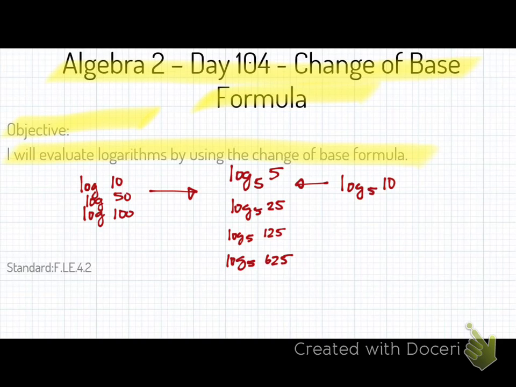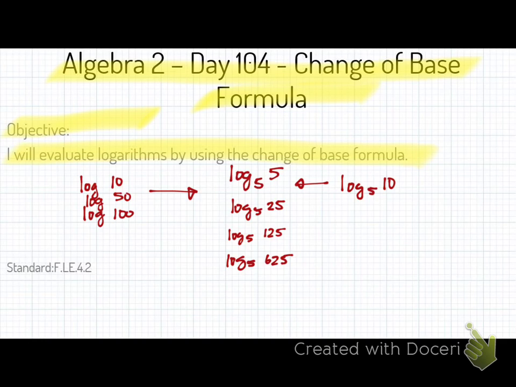No. What two buttons do you have? Log 10 and ln, right? Natural log, base e. Do we have a base of 5 anywhere on that calculator? No, and that would be ridiculous. We'd have to have a base for everything: log base 6 button, log base 7 button, log base 8. We can't do that, so we have to change the log so we can use the calculator, okay?